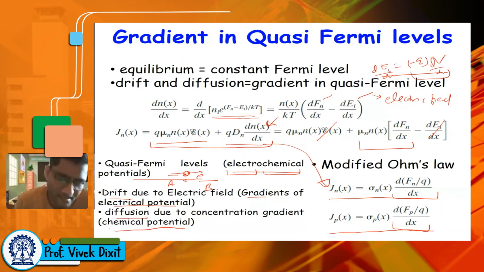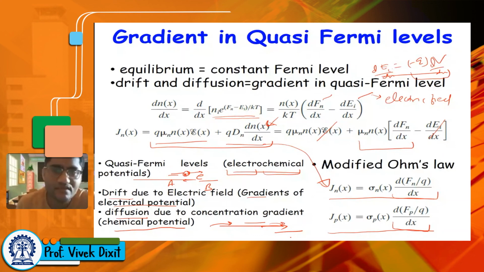It is a tendency to give away the particle. So if something is at higher potential, it will give away the particles. So particles will go from higher chemical potential to lower chemical potential. They are somehow related to the Fermi level, but exactly, the Fermi level is the electrochemical potential.